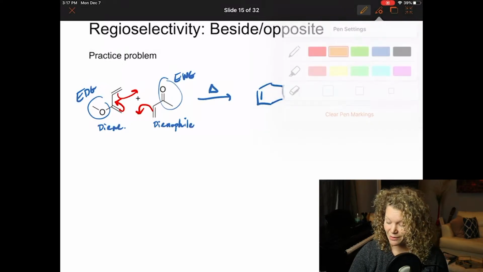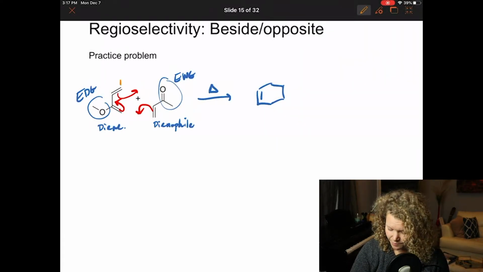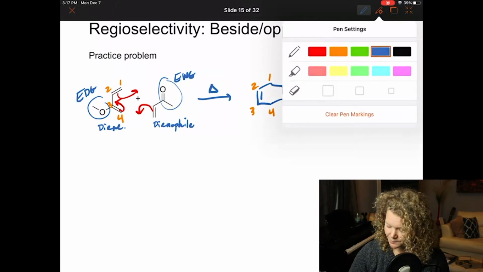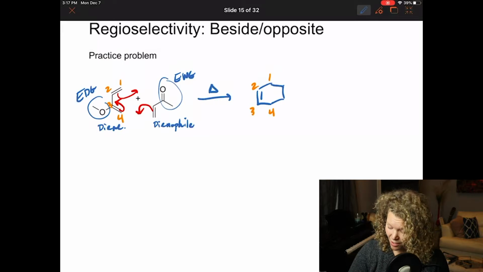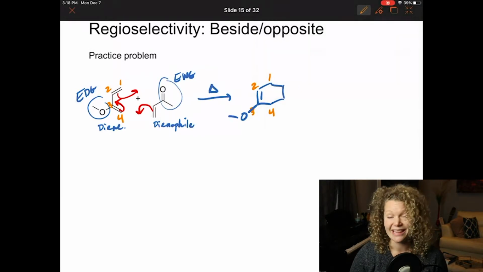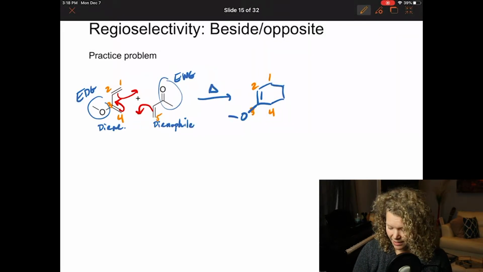Now, let's figure out the placement of our groups. If I count this, 1, 2, 3, 4, and I'm going to put those same carbons here. This is from our diene. Our methoxy group is on carbon 3. Okay, so we have the methoxy group added. Now, what about the ketone? 5 and 6.